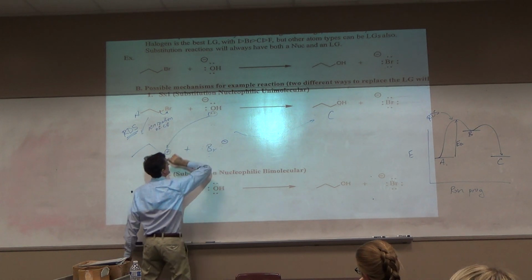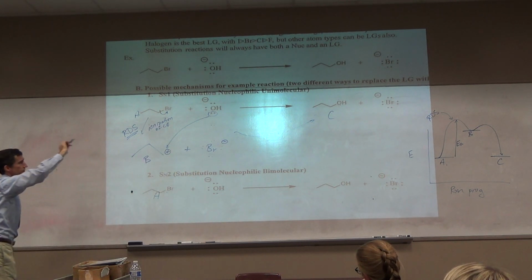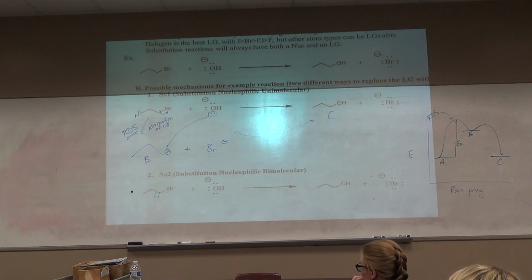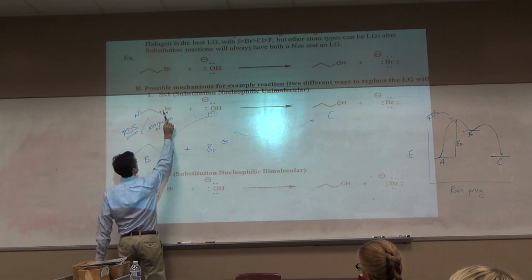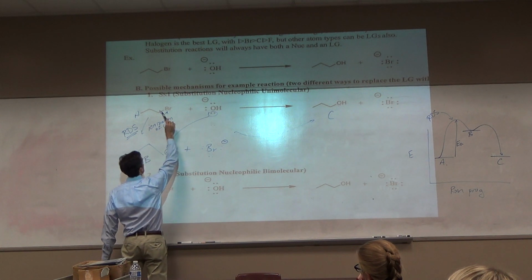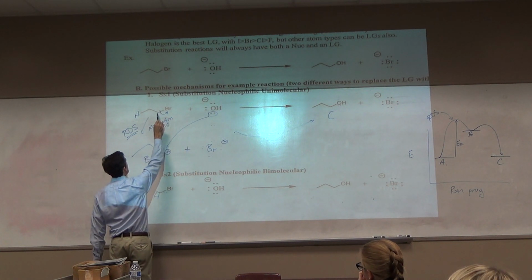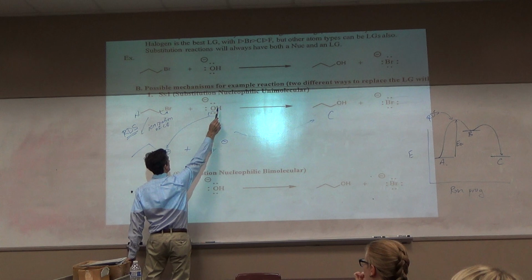You've got the nucleophile. Of the 2 substrates, which one is involved in the rate determining step? One, or both? Alkyl bromide? Is hydroxide involved in the rate determining step?